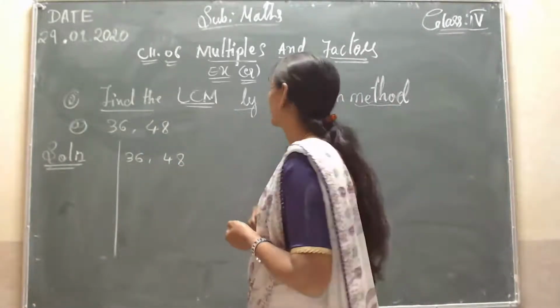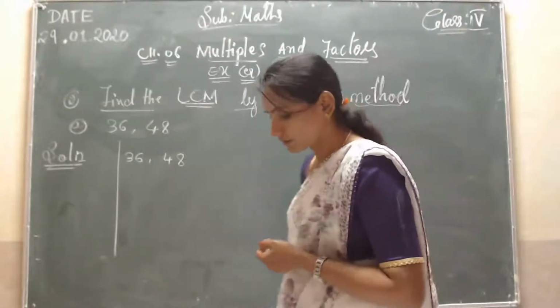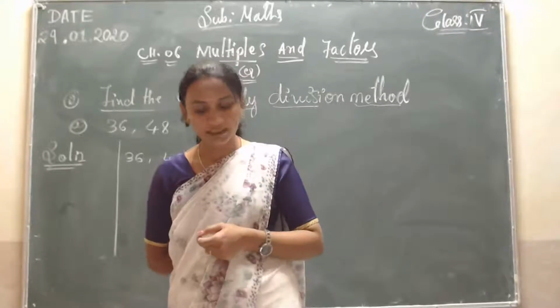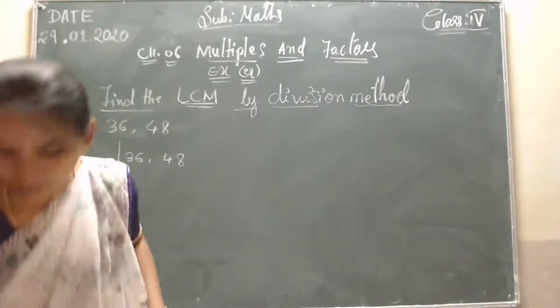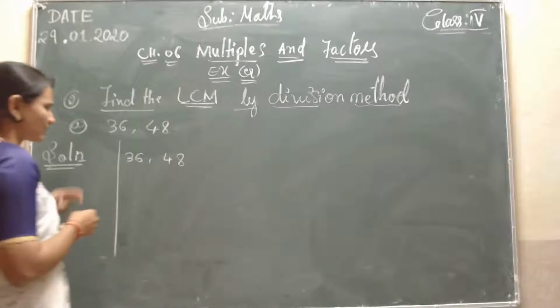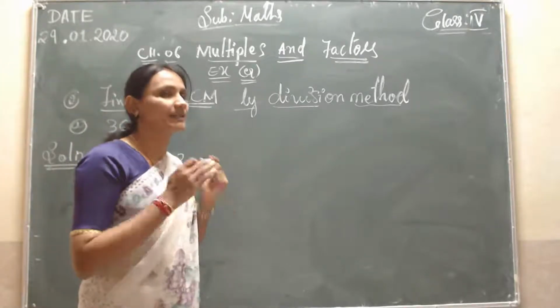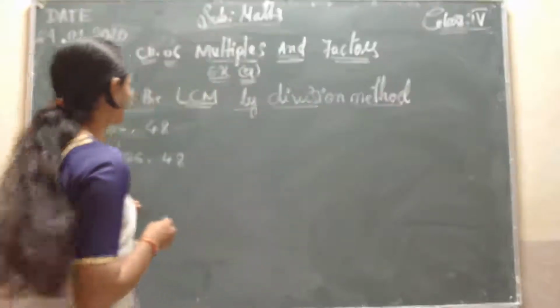This is the method of the LCM by division, students. The first step is to divide the numbers by the smallest prime number. The very smallest prime number is 2, the smallest even number. Yes, we have to divide.